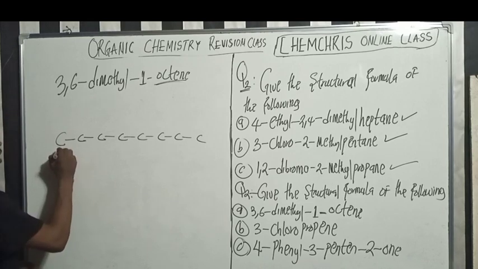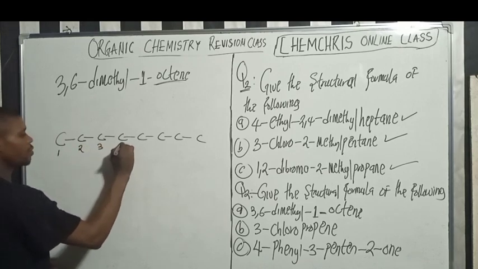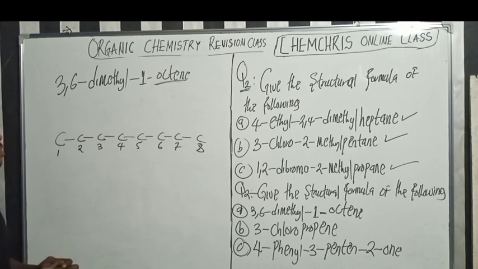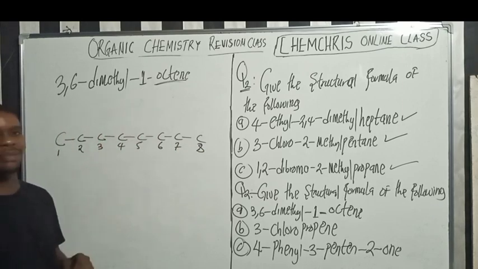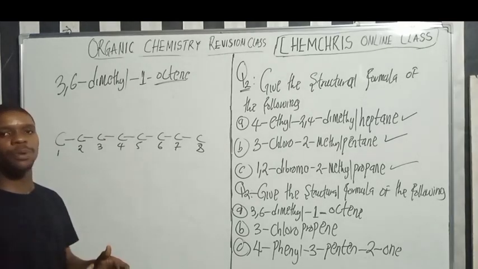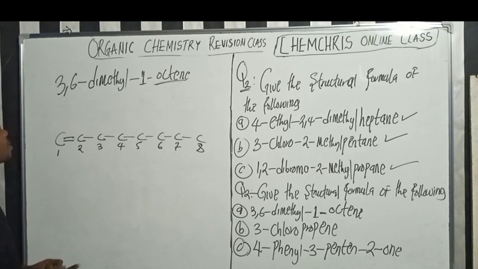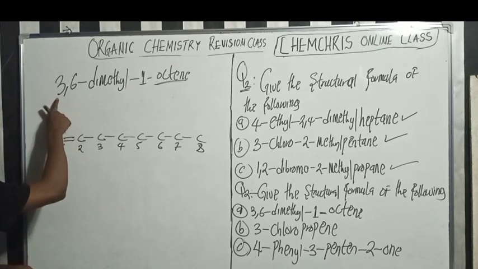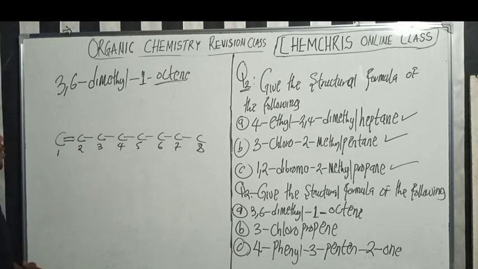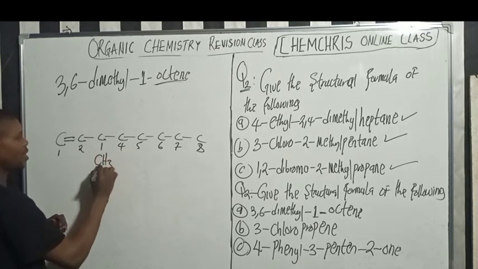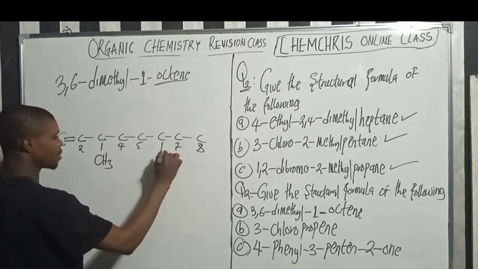So we have 1, 2, 3, 4, 5, 6, 7, 8, right? When you say 1-octene, there's a double bond at carbon number 1. So the double bond goes here. Now carbon numbers 3 and 6 carry methyl groups. So carbon number 3 has a methyl, CH3. Number 6 has a methyl group here.